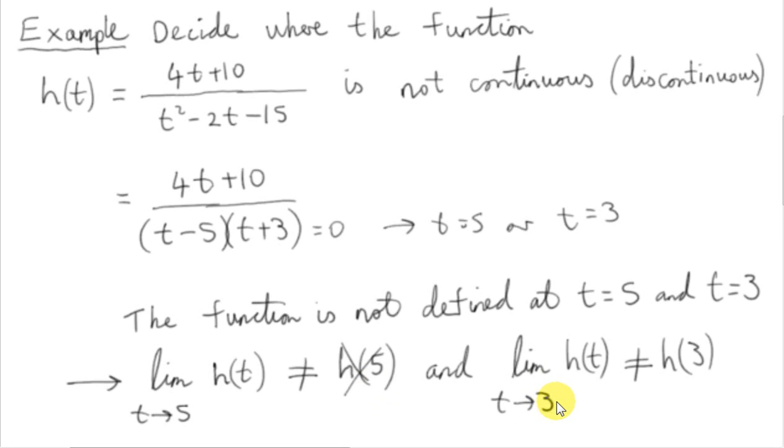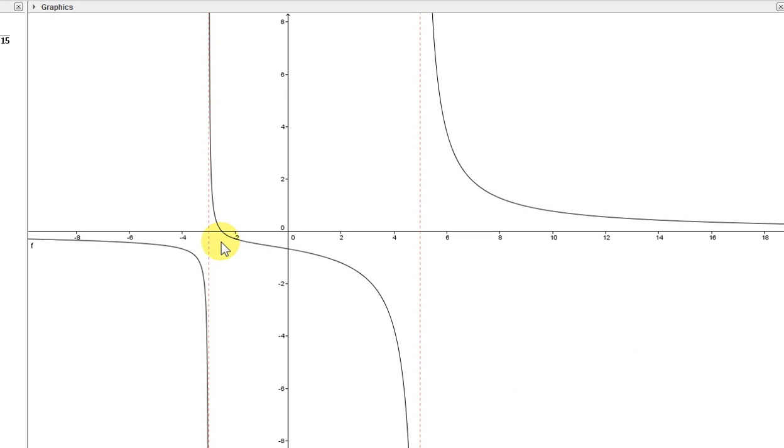Similarly, the limit as t tends towards 3 of h of t is not equal to h of 3, since the function is not even defined at 3, because we get division by 0 if we let t equal 3. Actually, this should be t equals minus 3. So the limit as t tends towards minus 3 of h of t is not equal to h of minus 3. So here's a picture of the function on GeoGebra.